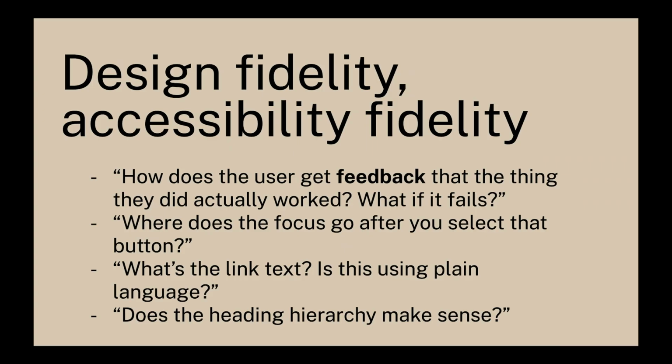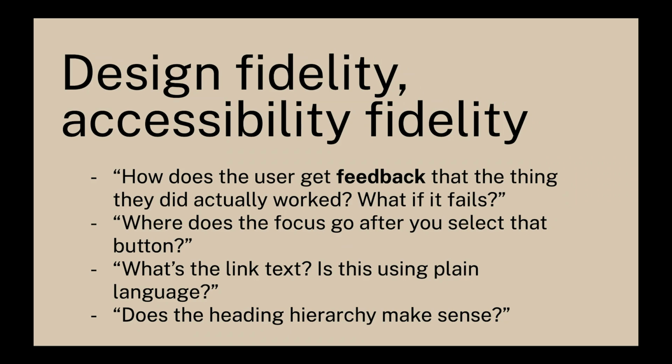How does the user know when they selected that button that the thing that they wanted to do is successful? Is there feedback on the page? Does the focus on the page change to indicate that something is new? And also, what if it fails? What if something doesn't work? Is there a clear error message that people can then act on?